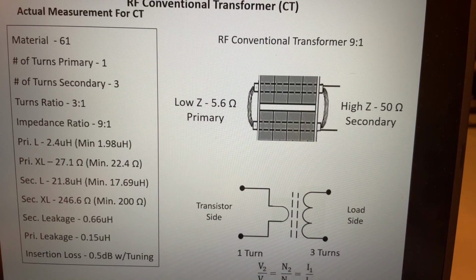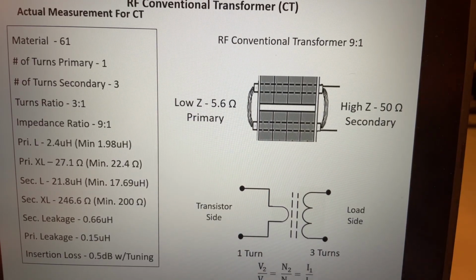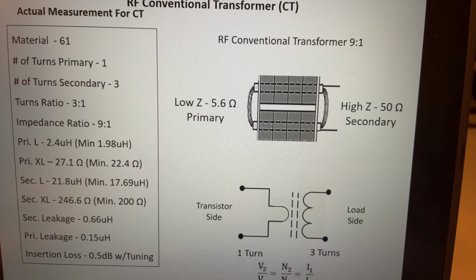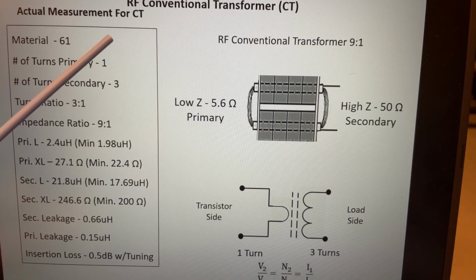Okay, so let's wrap up here. We talked about a conventional transformer in this presentation that's used in RF applications, and we said we were using material 61. We talked a lot about why material 61 is used.